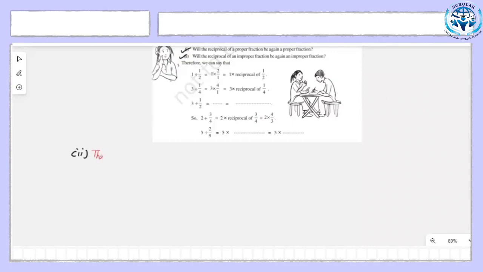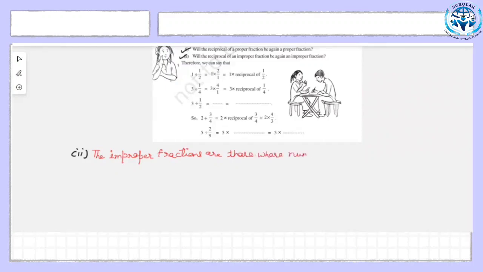The second part is, will the reciprocal of an improper fraction again be an improper fraction? Let's take a few examples. In an improper fraction, we know that the numerator is greater than the denominator.